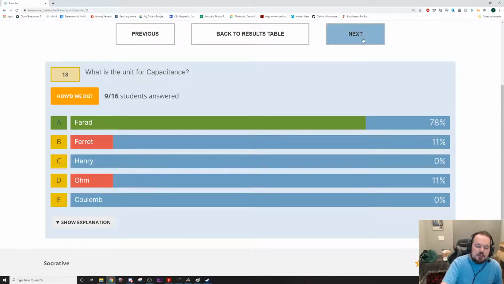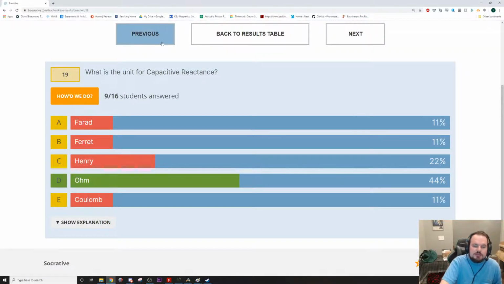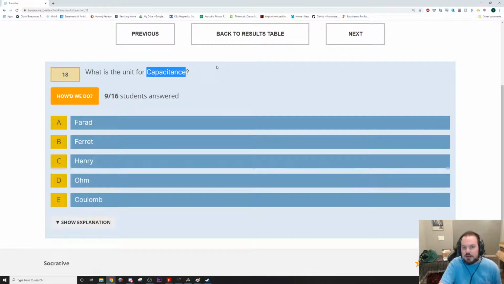It has to do with Michael Faraday. Capacitive reactance is measured in ohms. All the calculations for capacitance are inverted from all the calculations for resistance. Capacitive reactance is exactly the same.